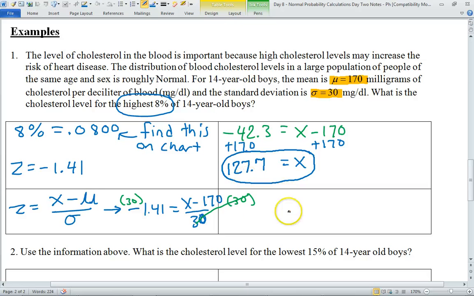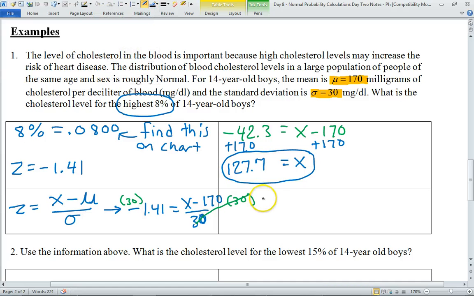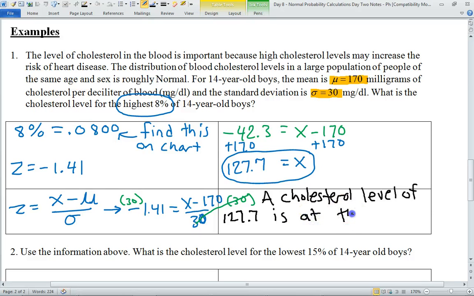Okay, the top 8%. So here's where I can write my summary statement. A cholesterol level of 127.7 is at the highest 8%.